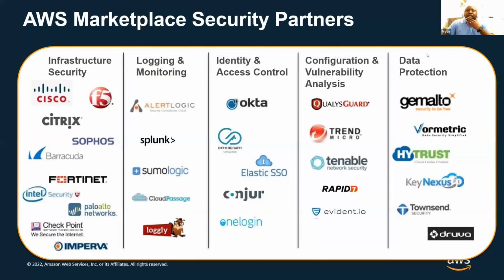So do you see this? AWS Marketplace Security Partners. These are different tools that AWS is partnering with, and within the AWS environment you can use any of these tools for your security purposes. Here they have aligned different things you can do with these tools, and there are some here that I've used. For configuration management, you can use Trend Micro.